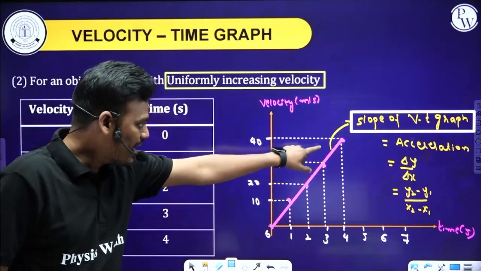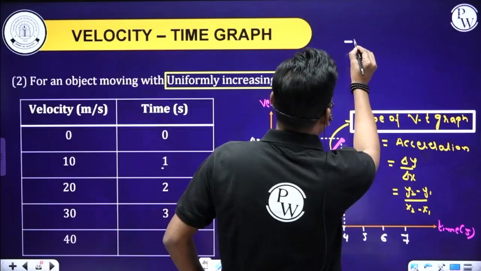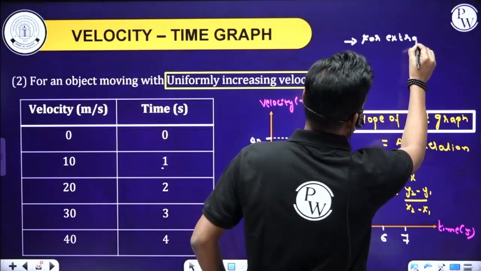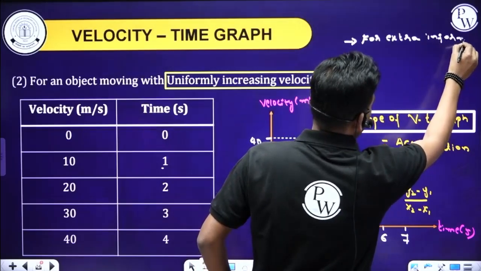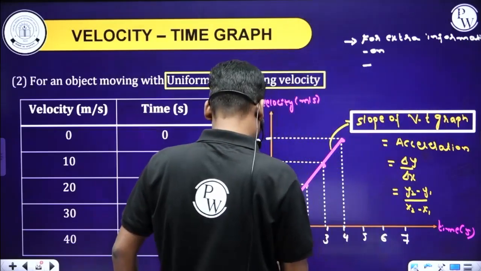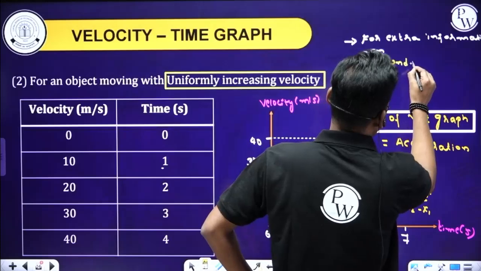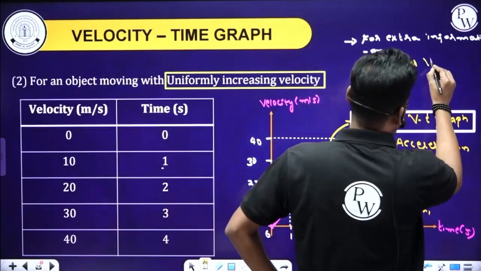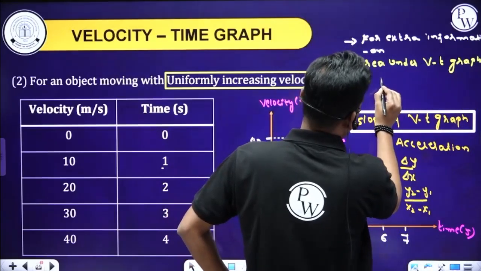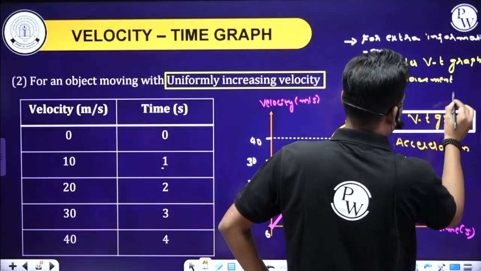the acceleration of the body, and the area under the VT graph. This is not so important for your 9th class, but for extra information, the area under the VT graph gives you displacement or distance.